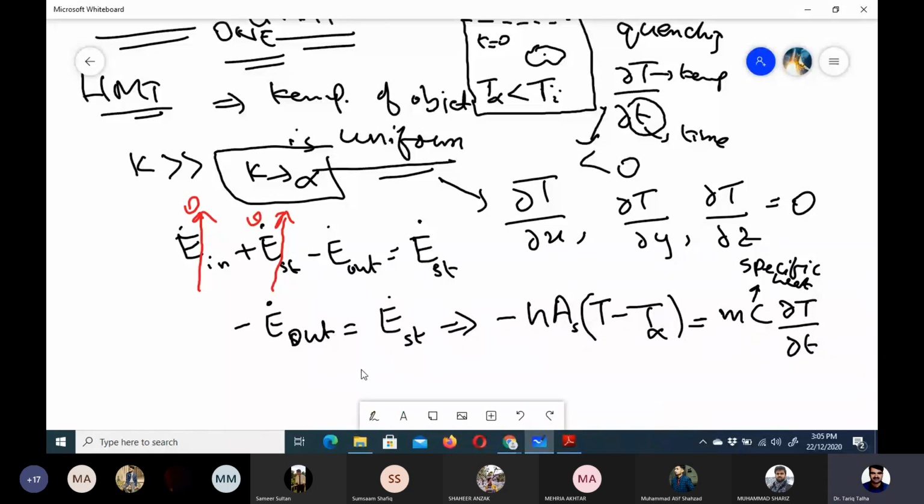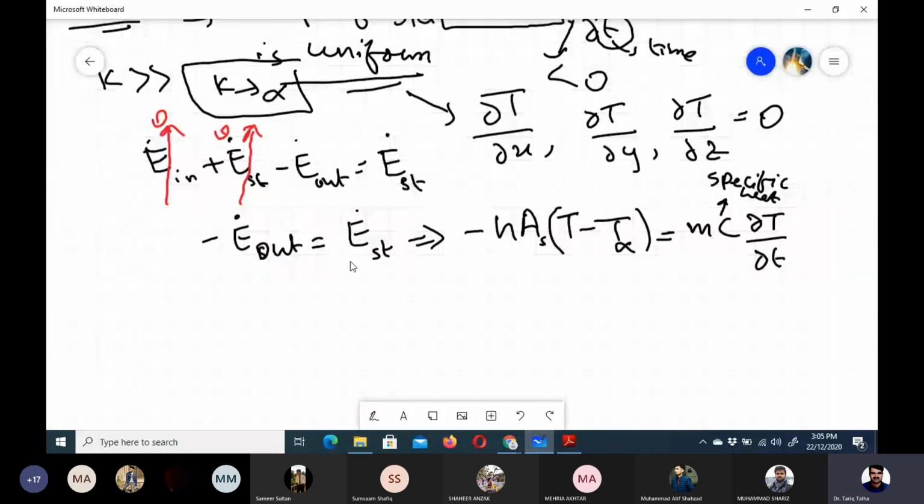Right. Now, because the main interesting thing for the convection is T minus T infinity, we introduce another variable theta, which is equal to T minus T infinity.